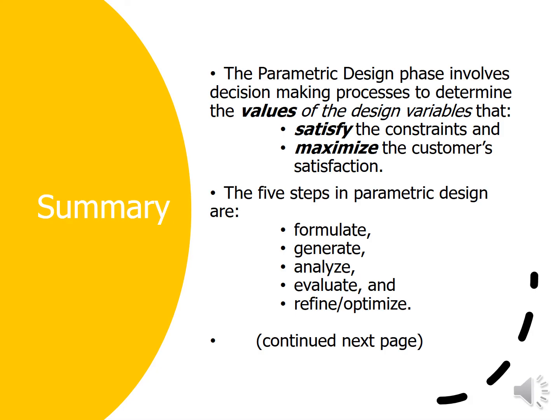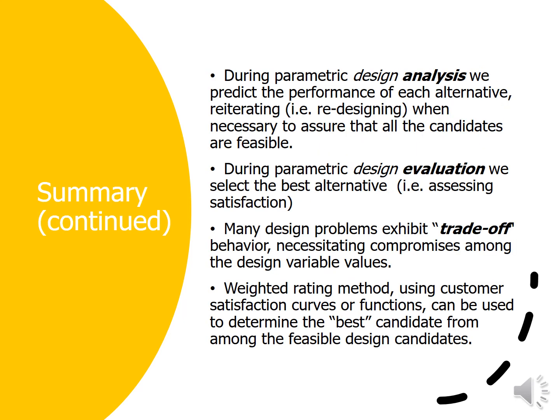This is for today's summary. The parametric design phase involves the decision making process to determine the values of the design variables that must satisfy the constraints and maximize customer satisfaction. The 5 steps in parametric design are formulate, generate, analyze, evaluate, and refine or optimize.